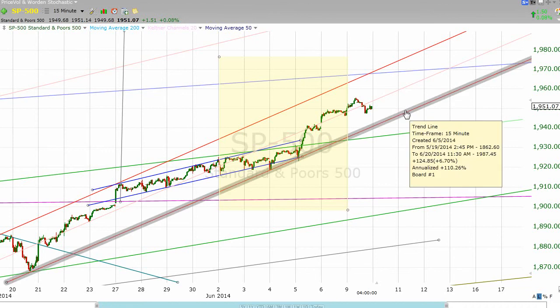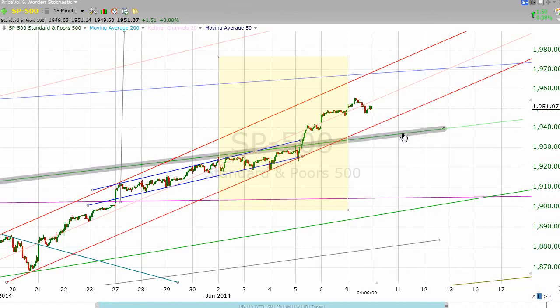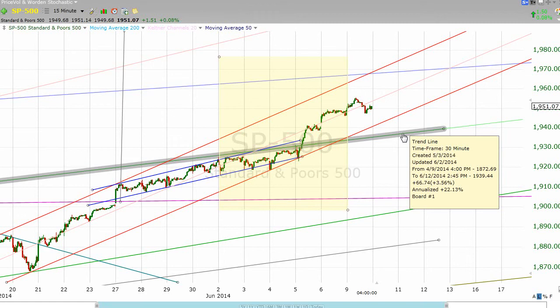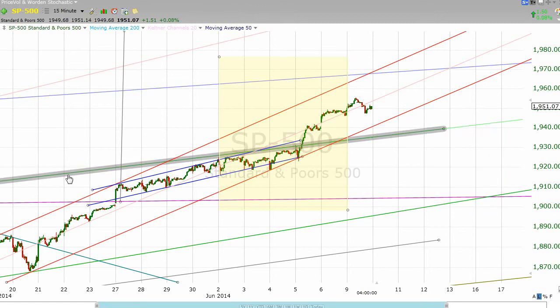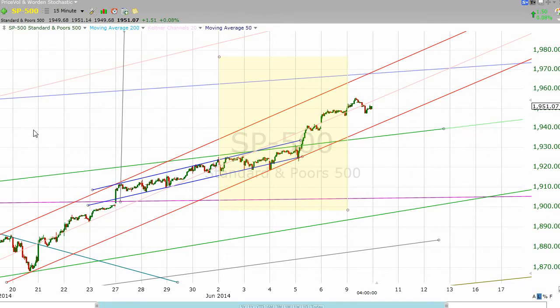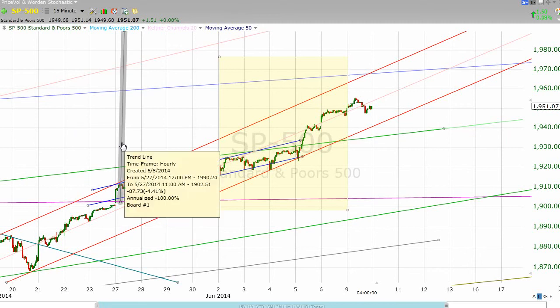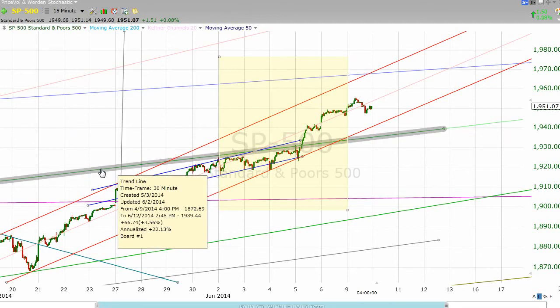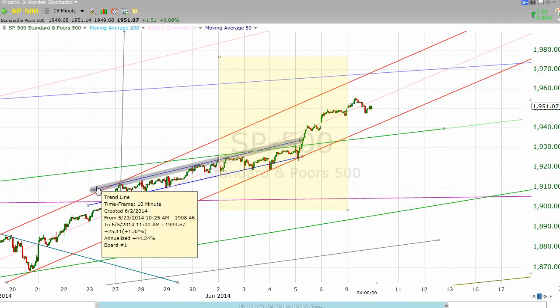If this were to give way, we have this line right here, which is kind of unusual because this line itself was also rising and we broke above it. Typically, if you're in a rising situation with a trend line and you're underneath that trend line, usually when you, well, let's put it this way.